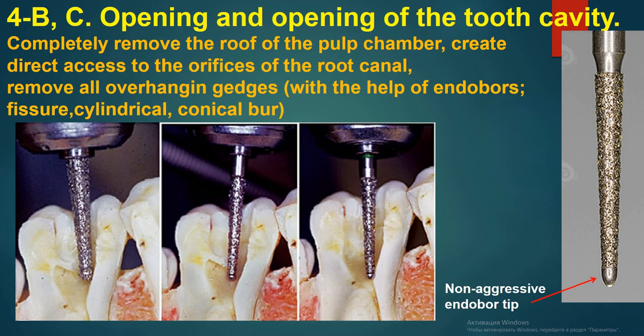Stage 4, B and C. Opening of the tooth cavity. Completely remove the roof of the pulp chamber. Create direct access to the orifice of the root canal.